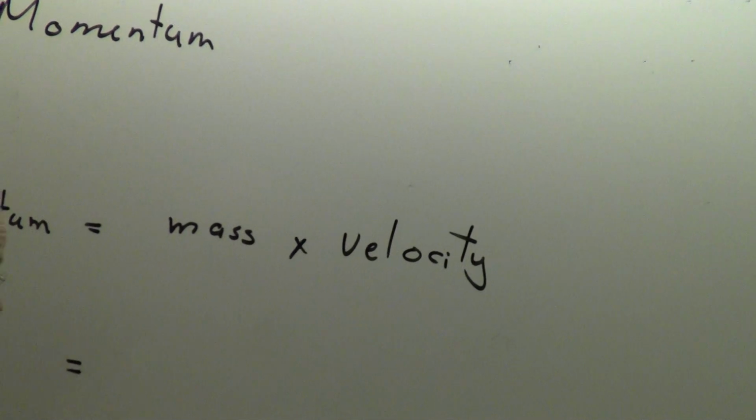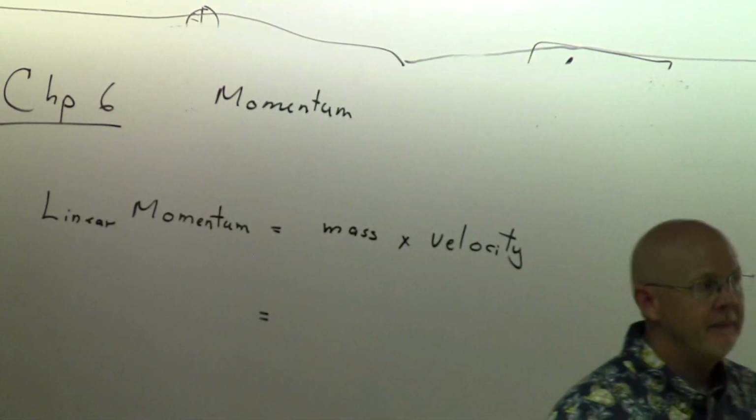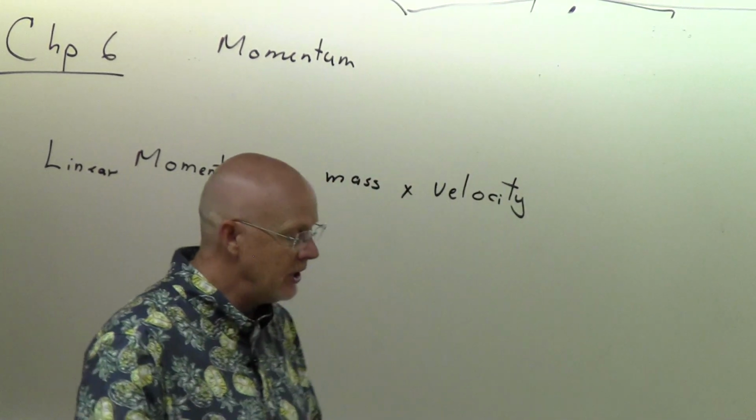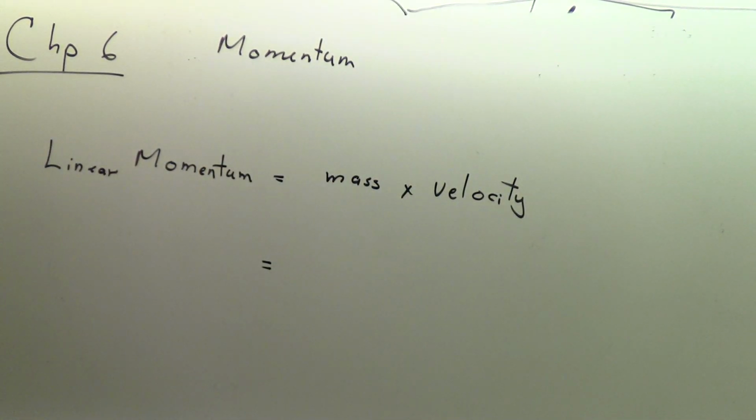And so I'm going to start the chapter and introduce you to a new quantity. It's a very useful and important quantity, as you will soon see. It is really easy to define because it is just made up of two quantities you already know of.